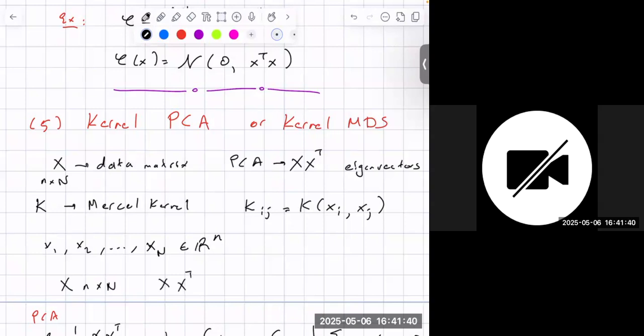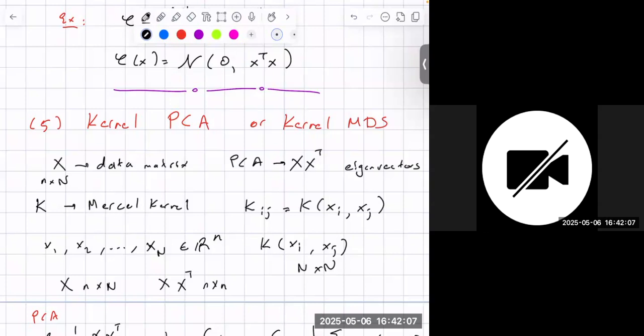We would usually compute X X transpose for the covariance, an n by n matrix, right? But when you're doing a kernel, you're going to put in an xi and an xj, and they're going to go through the kernel. How many choices do you have? N, capital N times capital N. So the kernel matrix is much bigger than the covariance matrix, okay? So this means computationally this is going to be much heavier.